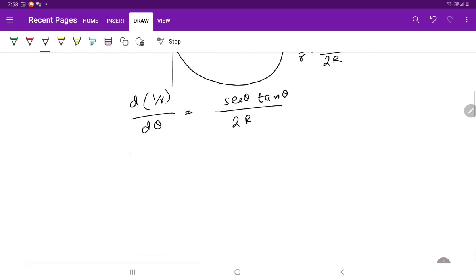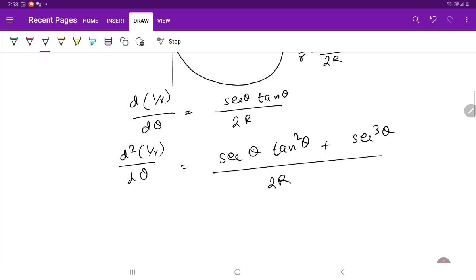Taking the double derivative, that is differentiating this 1 by r with respect to theta again, we'll get sec theta tan square theta plus, since the differentiation of tan theta is sec square theta, sec cube theta by 2R.